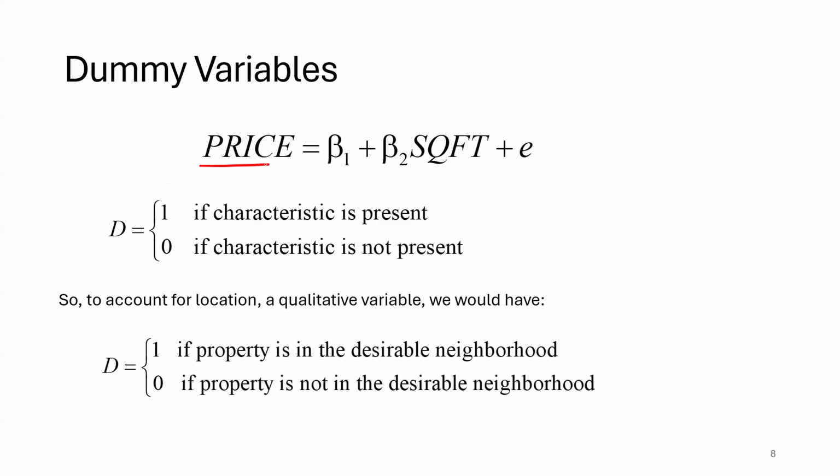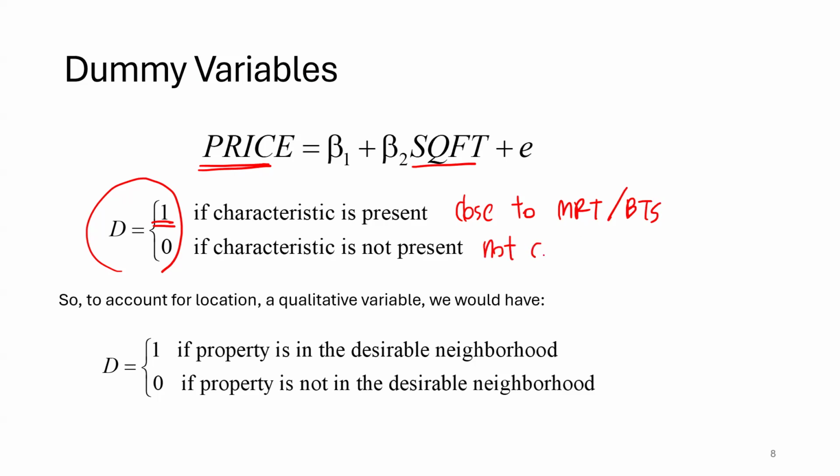The price of your house depends on the size, how many square feet, and then you use the dummy variable. For example, the dummy variable equals 1 if close to MRT or BTS, but zero if not close.